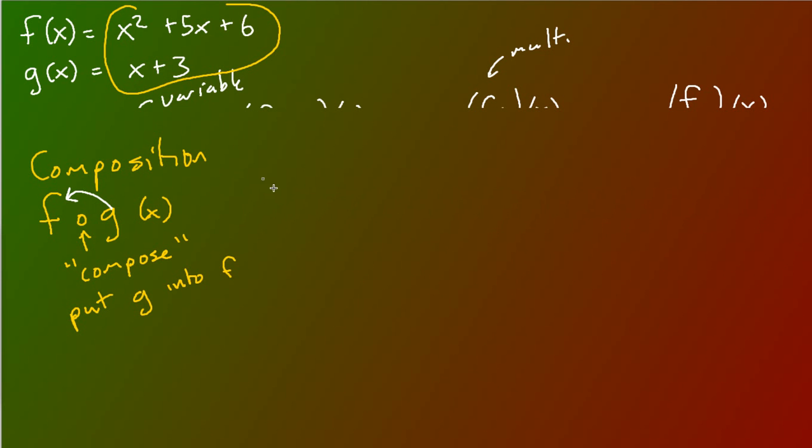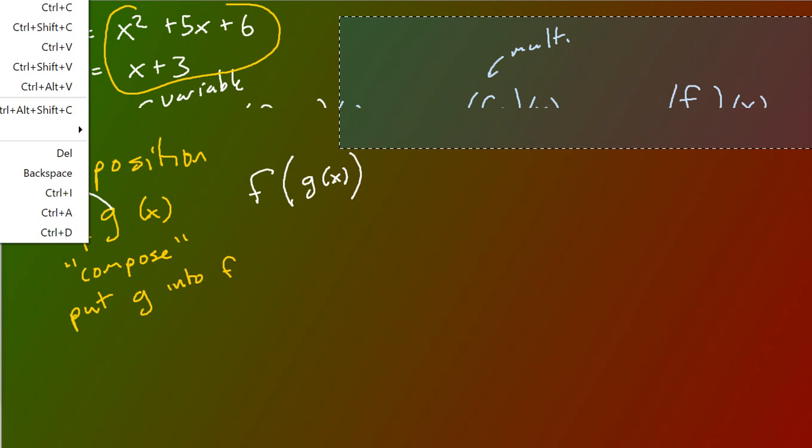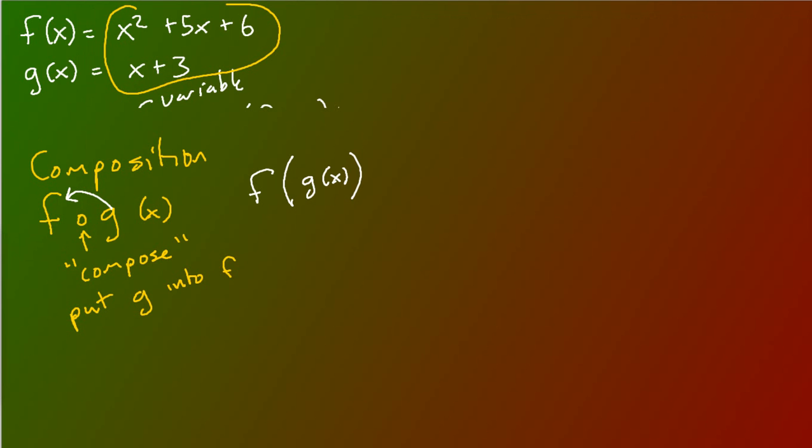Now there's another way to write this, and many textbooks do this: f of g of x. And that means basically the same thing. I am going to put g of x into f of x. So the order is somewhat confusing there.